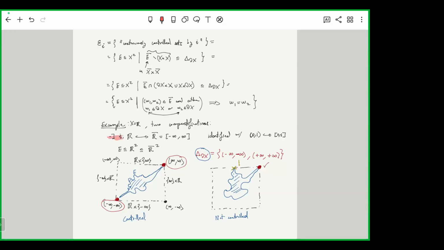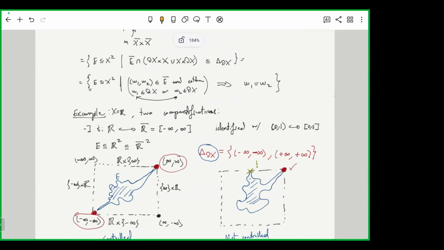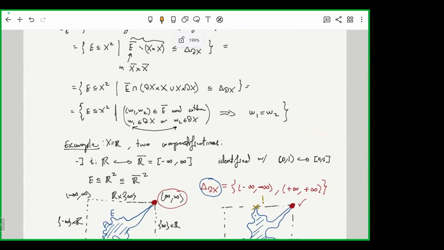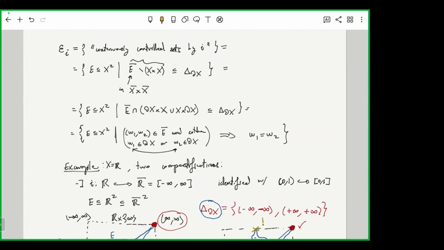This specific example is an example of whatever you defined before, right? Something controlled by I. So when is a subset controlled, right? That's the question. So from the first definition, this would be the original definition.